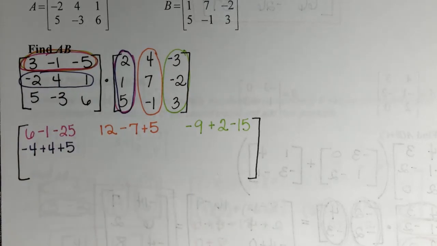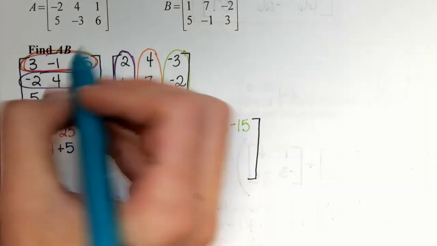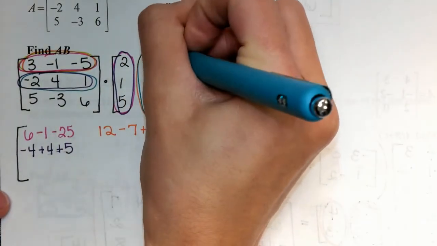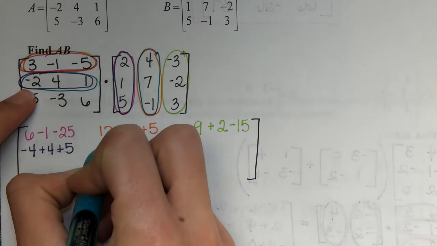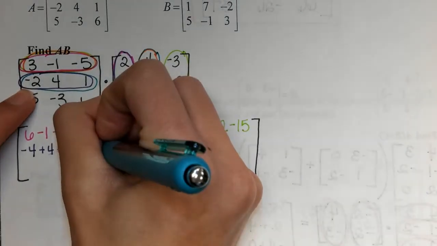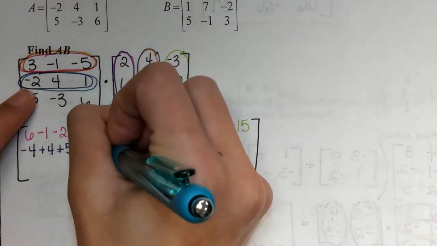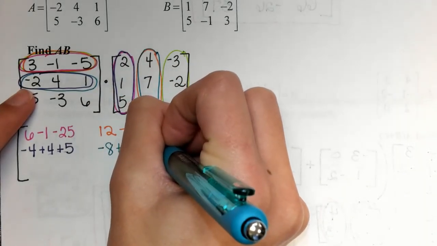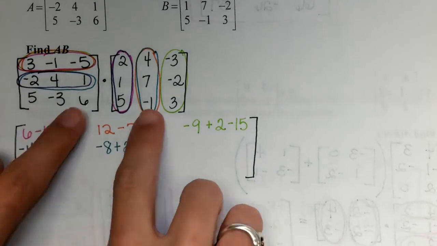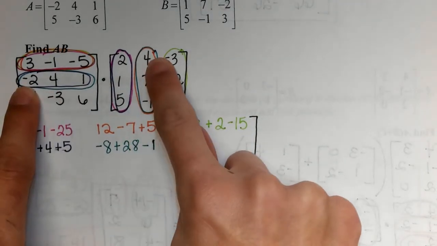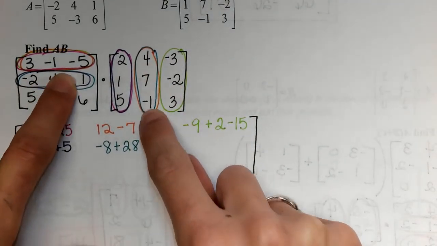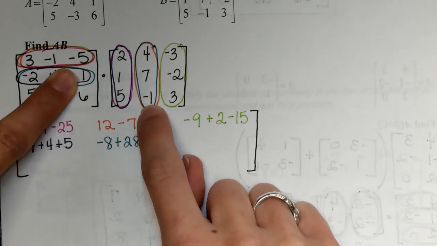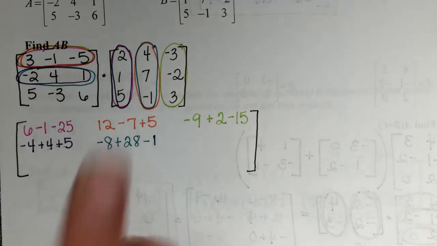Okay. All right, now's your time to shine. What is it? Oh. Negative 8 plus, yeah, I'm sure. Plus 28 plus 2. Minus 1. Okay, look. First and first. Oh, I see what I did. Second and second. I see what I did wrong. See how easy it is to start making mistakes? The colors make it happen.